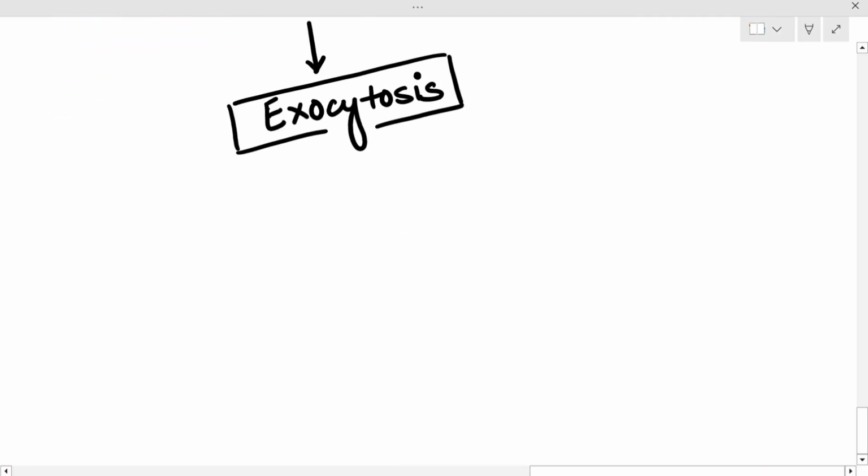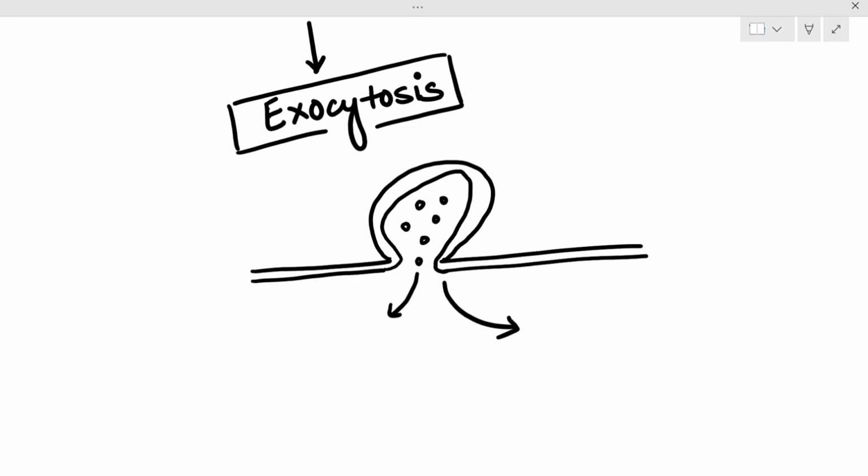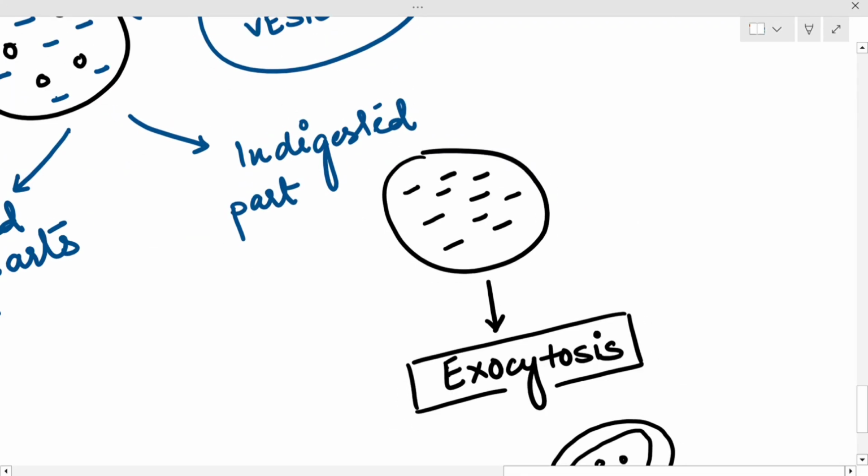That means if this is the membrane of the cell, this particular digestive vesicle will get attached to this particular membrane, and from there the undigested part will get excreted. This is the undigested part.